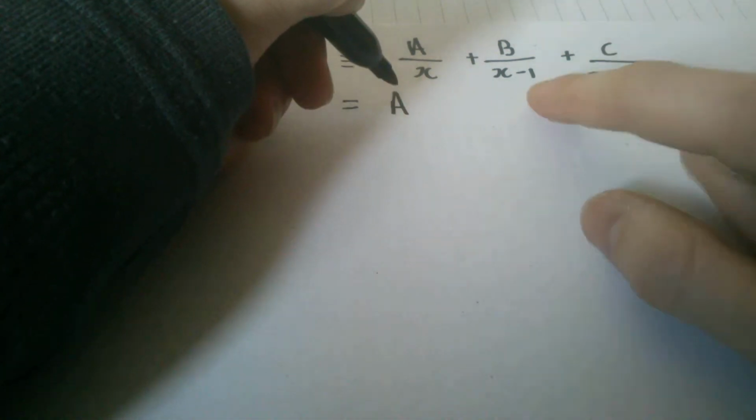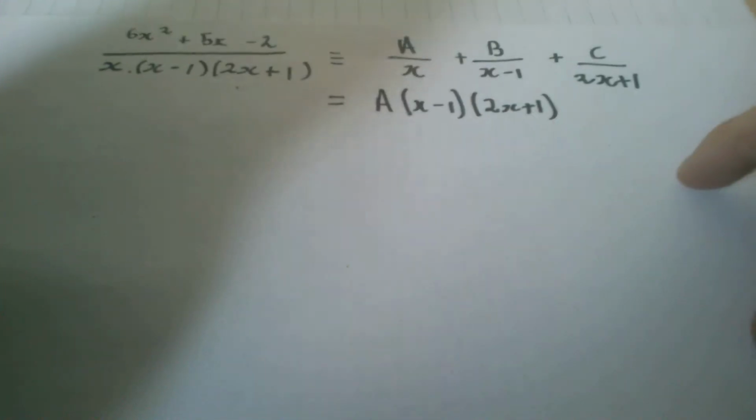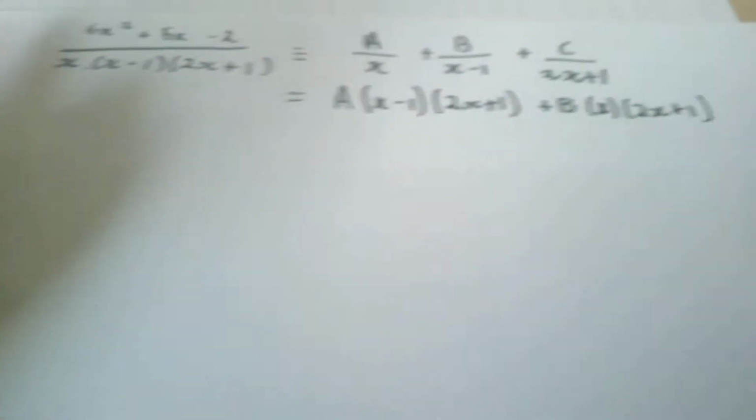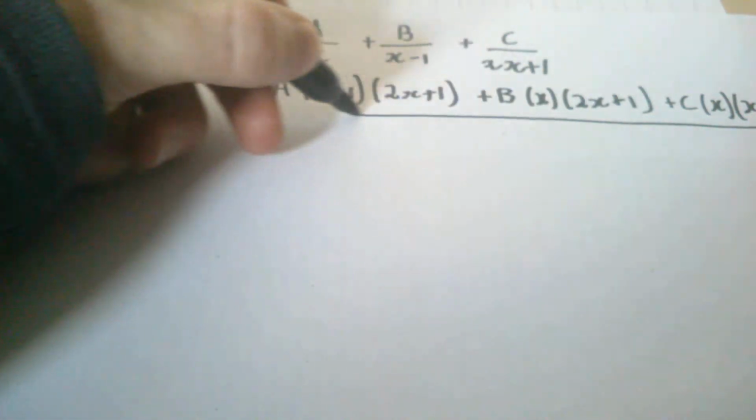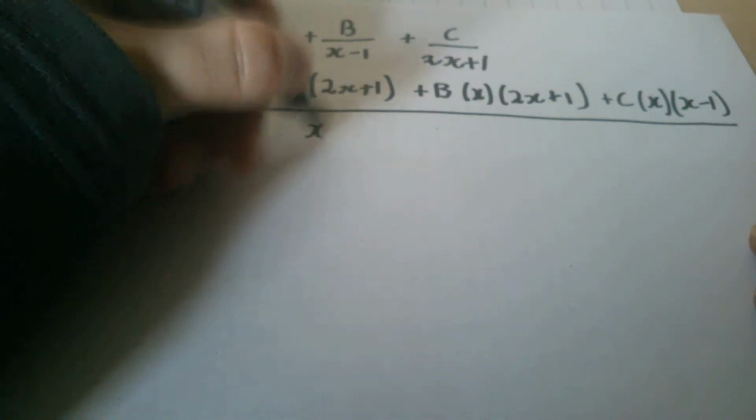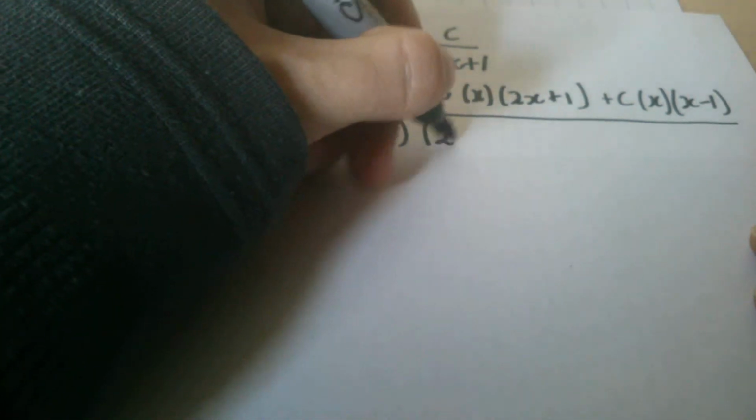We have to try to make this into one fraction, so that's a times (x minus 1)(2x plus 1), plus b times x times (2x plus 1), plus c times x minus 1, and then of course this is all divided by x(x minus 1)(2x plus 1).